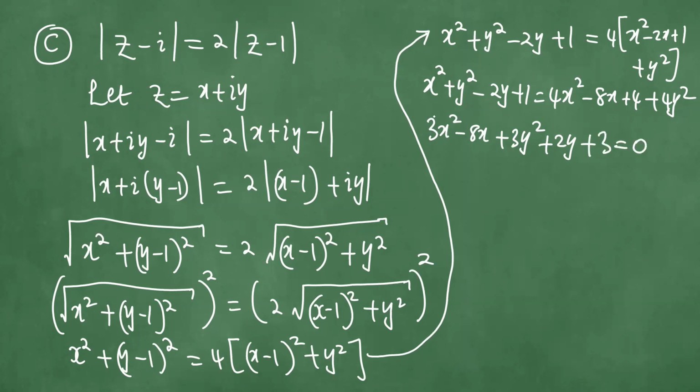Check carefully. You transpose this x squared to the y squared, the 2y, the 1. Upon further division by 3, x squared minus 8x over 3 plus y squared plus 2y over 3 plus 1 equals 0.